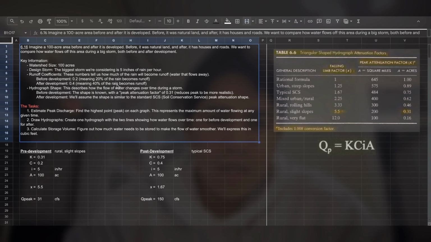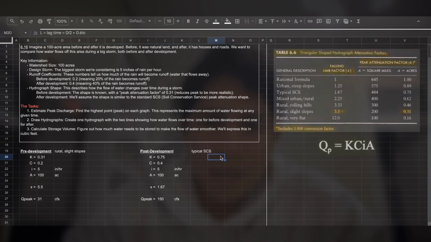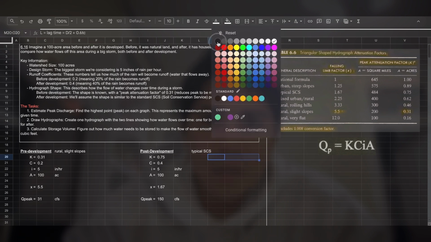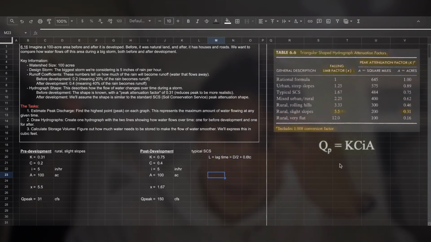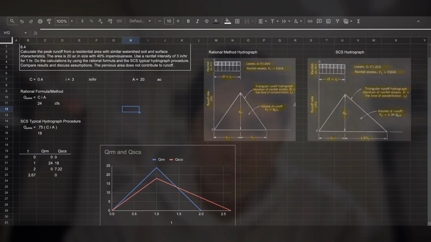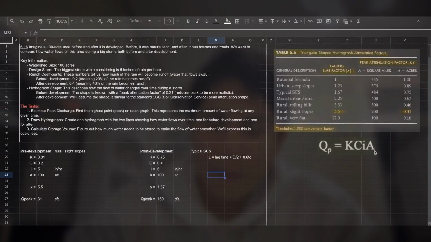However, the book doesn't mention this in this problem, and that's very tricky. But the solution of this problem actually has you use a similar but different formula, because this formula is only used when the duration of the storm equals our time of concentration. That's when we use Q equals KCIA.